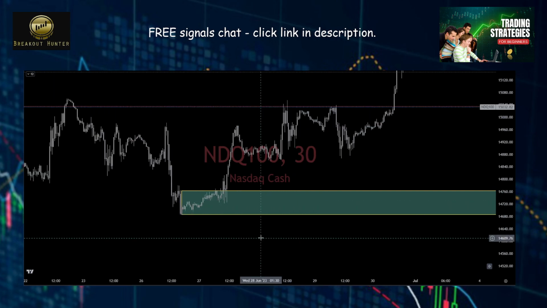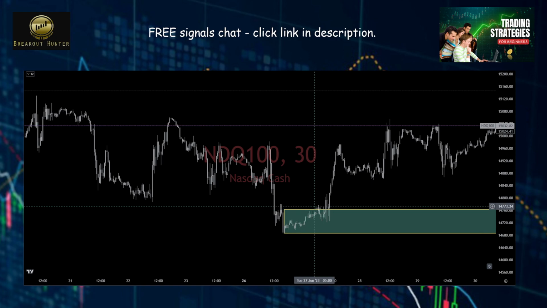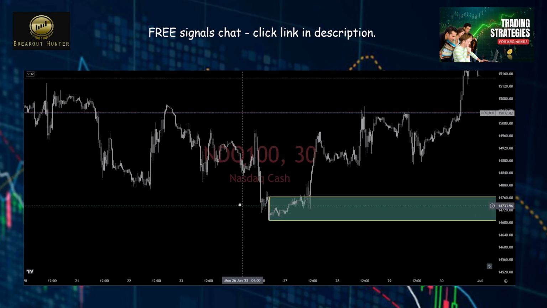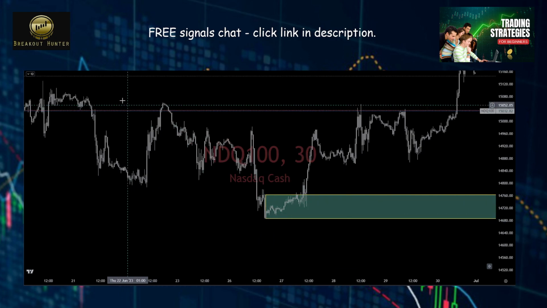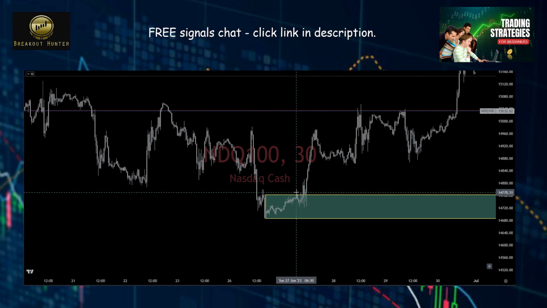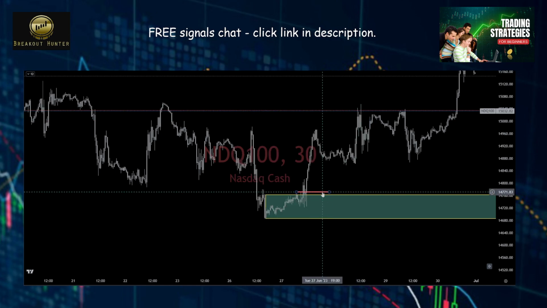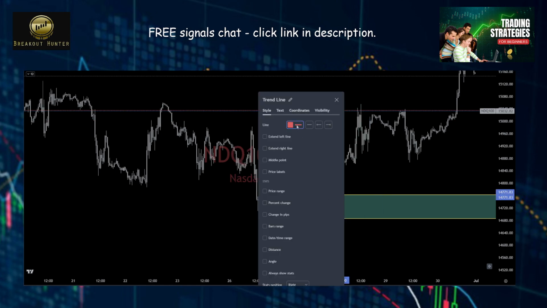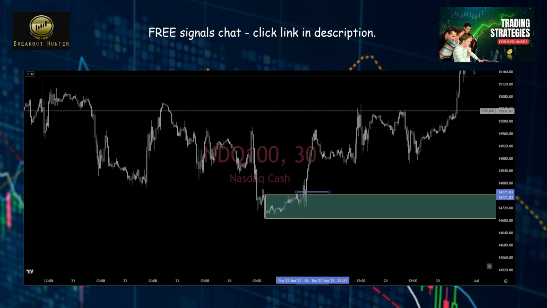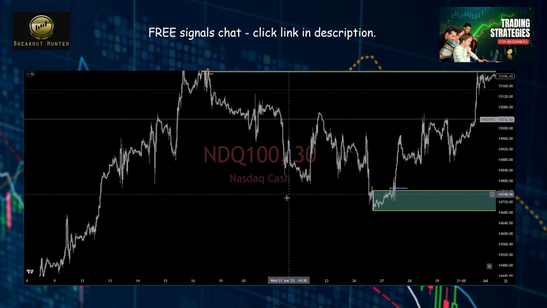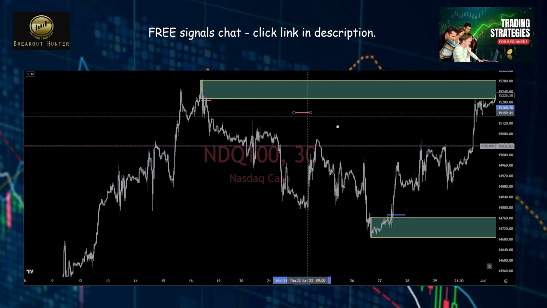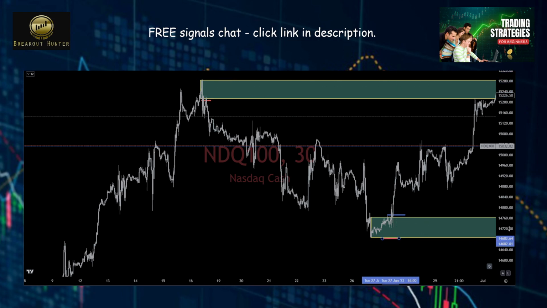You notice your demand zone, and you would notice it somewhere in here. There are indicators for this, so you can get alerts and all that. Then you would take your pending order, put it right above the zone, and change this to blue. Then we would move our stop loss directly underneath the zone.